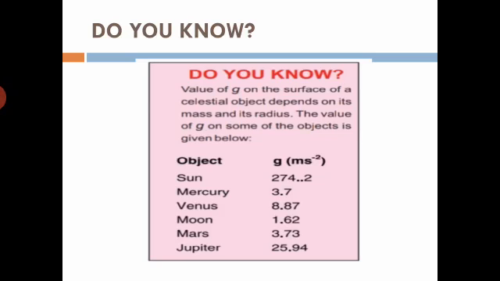So every object has a different mass and a different radius. Sun has a gravitational acceleration of 274, Mercury 3.7, Venus 8.87, Moon 1.62, Mars 3.73, Jupiter 25.94.